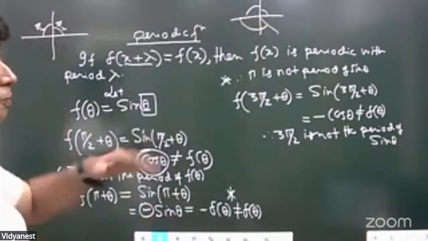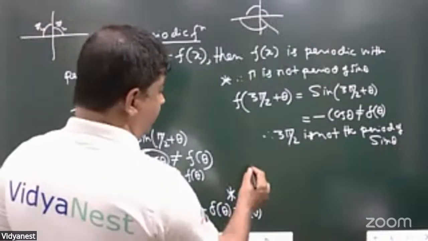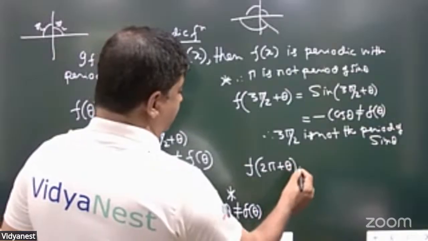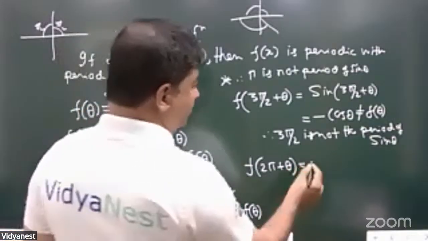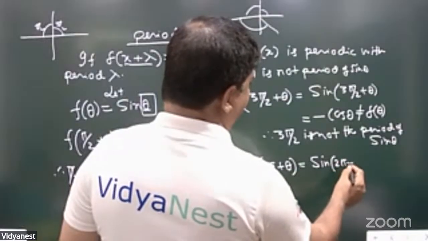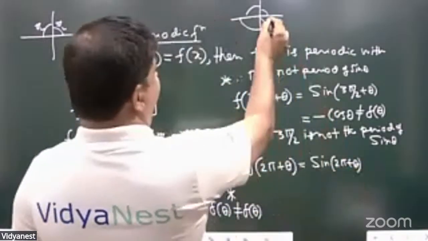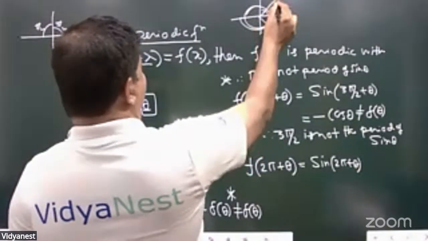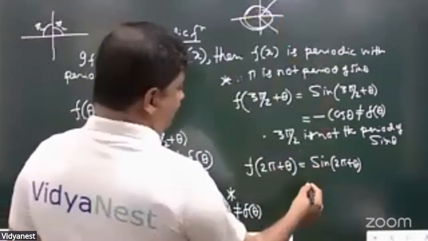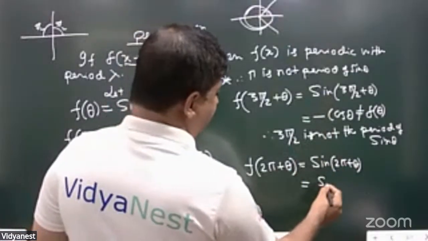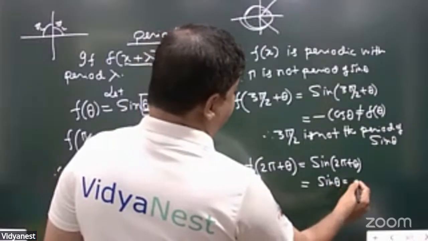Now give 2 pi increment. Sine of 2 pi plus theta means by the rotation of 2 pi and theta more, it will come back again to the first quadrant where sine is positive, and I will get back sine theta again.